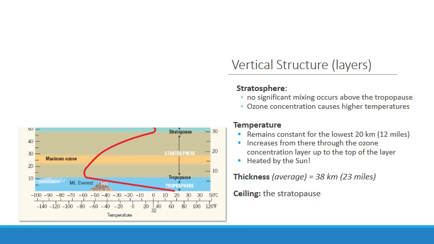But beyond the troposphere is the stratosphere. The boundary between the two is the tropopause. Below the tropopause, remember, we see all that transfer of energy from the bottom to the top based on the turbulence. The air is flowing over mountains and obstacles and going up to higher levels.